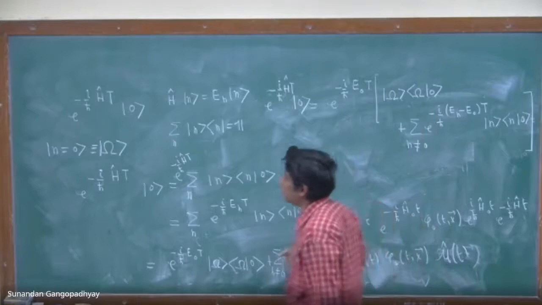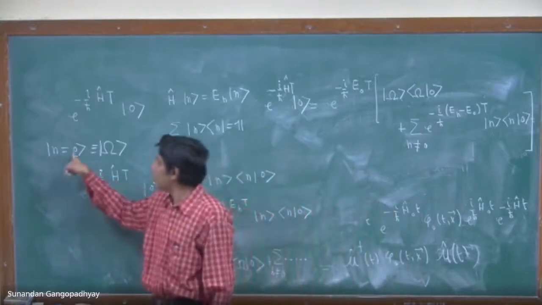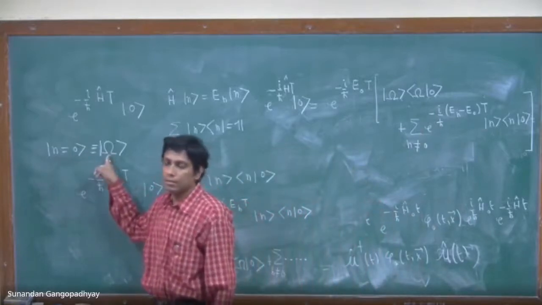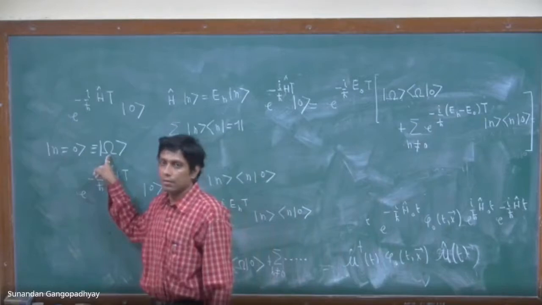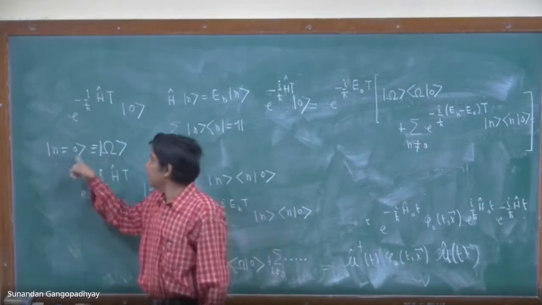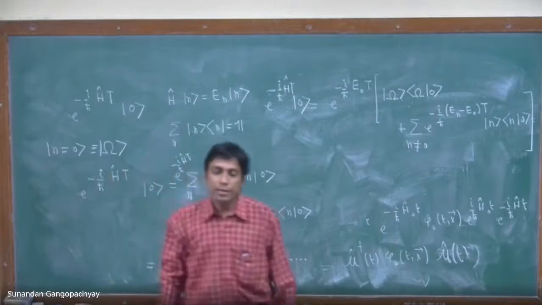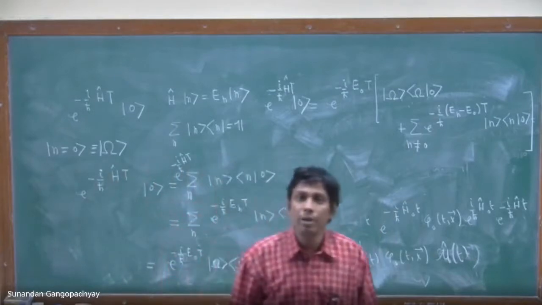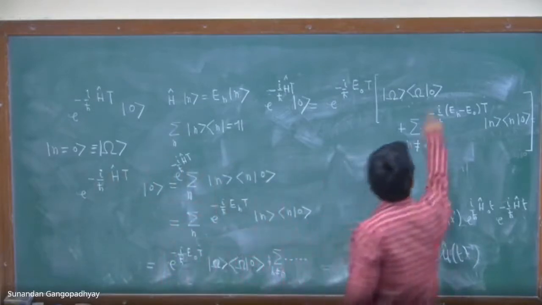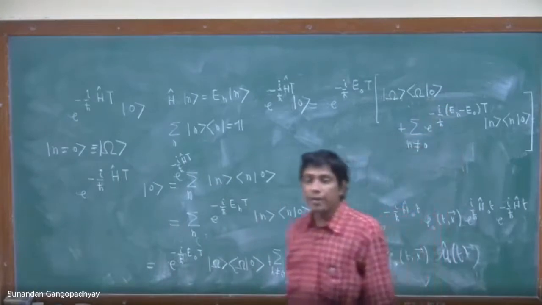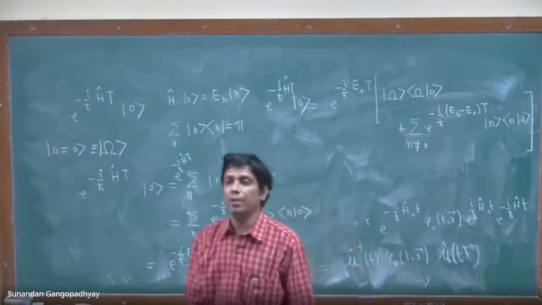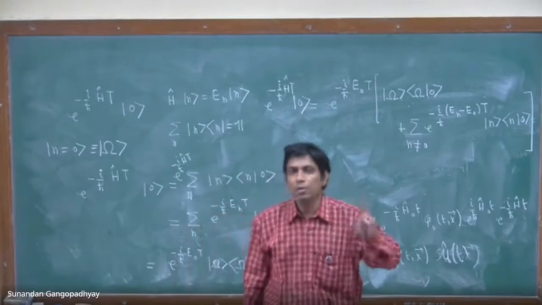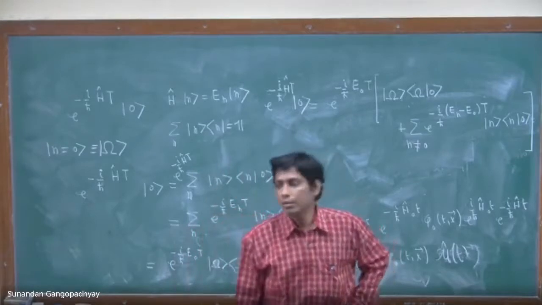N is equal to 0 state is omega, and this is the ground state of the full Hamiltonian. But ket 0 is the ground state of only the free part of the Hamiltonian. So that is not one. I've defined it earlier for you.